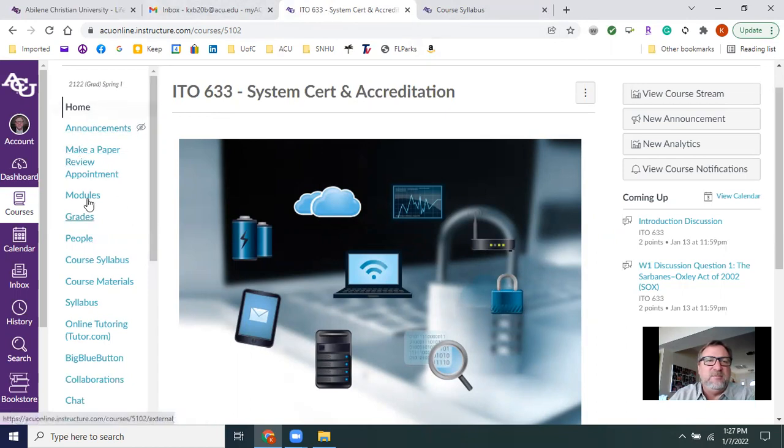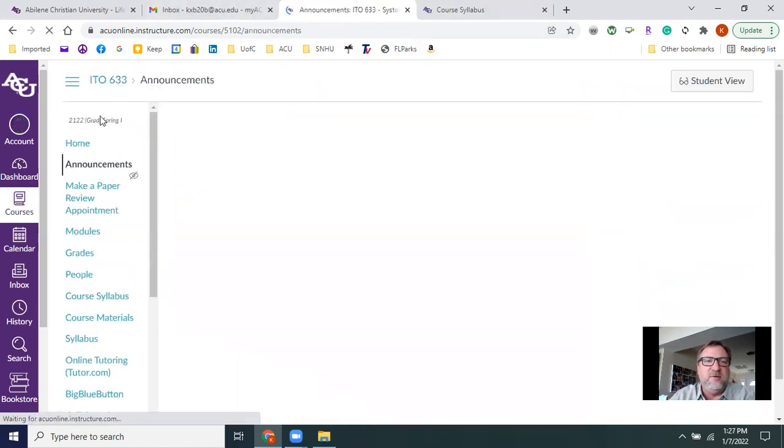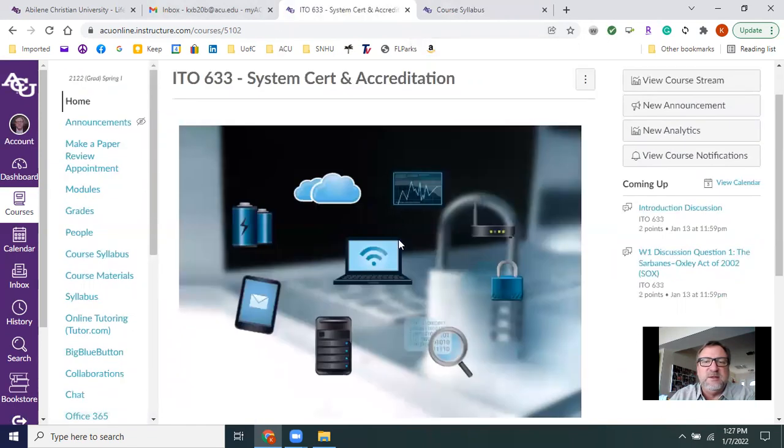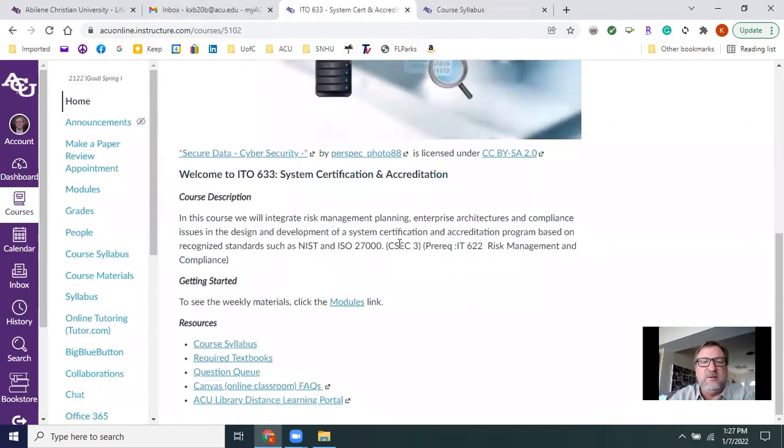You'll see that we have the homepage, which gives a little bit of description of the course. The course will integrate risk management planning, enterprise architecture, and compliance issues in the design and development of a system certification and accreditation program based on recognized standards such as NIST and ISO 27000.